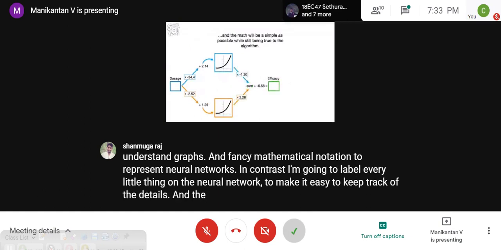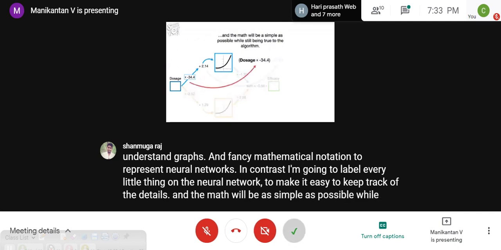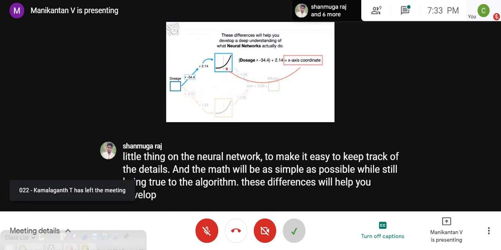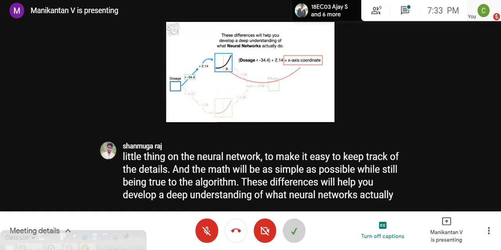And the math will be as simple as possible while still being true to the algorithm. These differences will help you develop a deep understanding of what neural networks actually do.